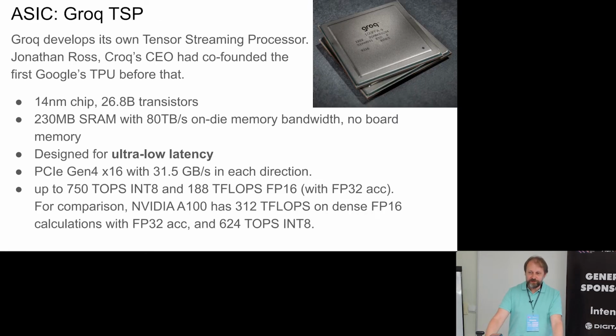Grok is an interesting solution founded by the person who actually was behind the first Google TPU as well. And Grok seems to be designed for ultra-low latencies, and a typical problem for inference is to have low latency on small batches, and Grok tries to solve this particular problem.